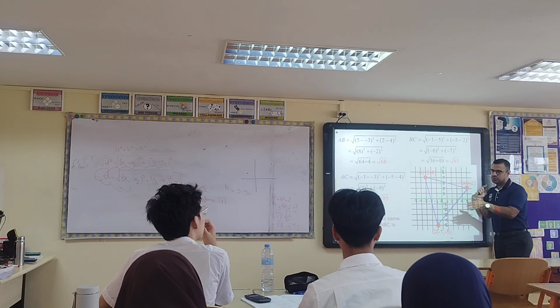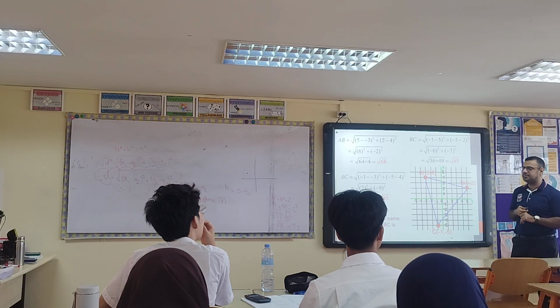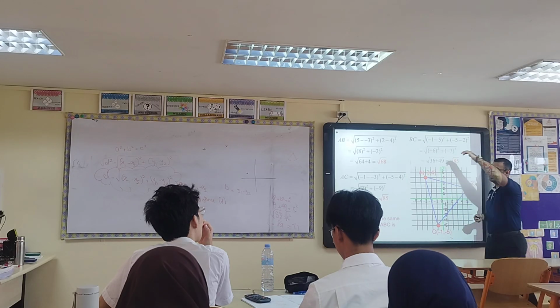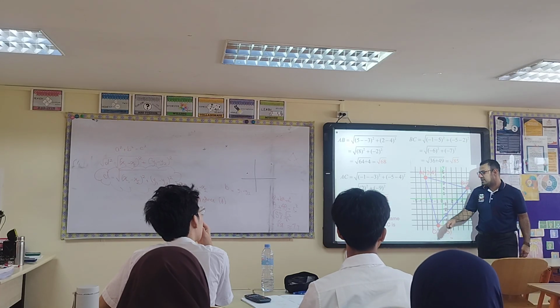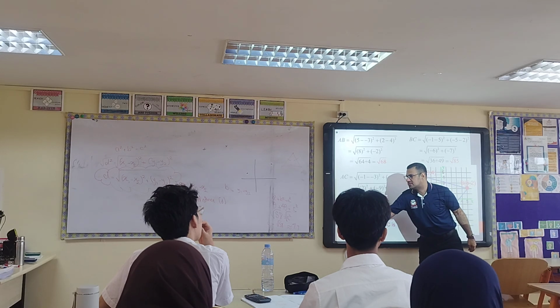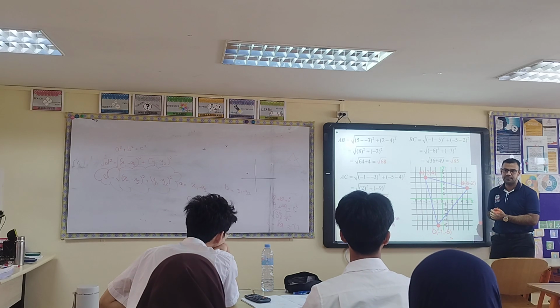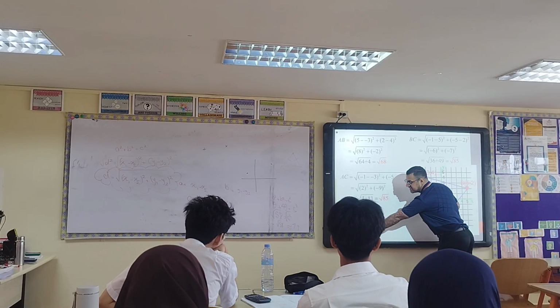Can I see any two same answers? The same distance. Which one has the same distance? AC and BC, right? So since those two sides are equal, then the triangle is isosceles. Isosceles means two equal sides, yeah? Like this side equal to this side means it's isosceles.